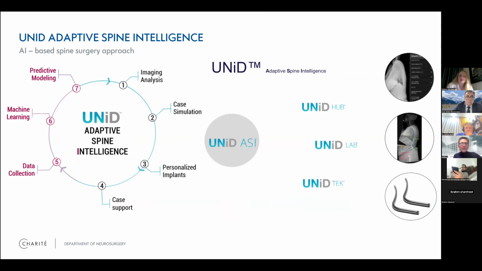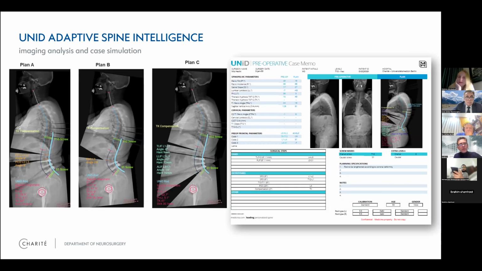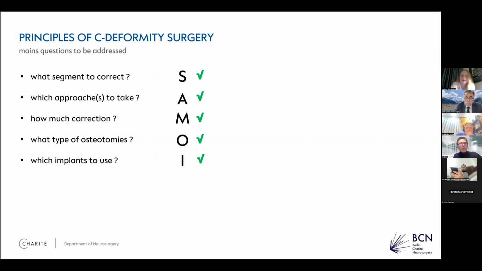It's planning. The problem is that the lab is still not adjusting for compensation because the data is not available. But at least, similar to the thoracolumbar deformities, we are now customizing our rods and planning our rods for the cervical spine. So which implants to use? Finished. It's clear. SEM, OI, clear cut.